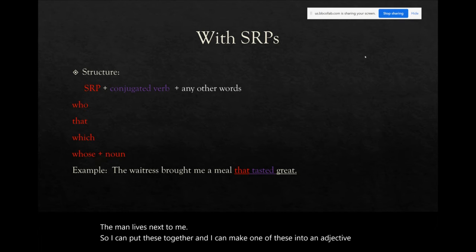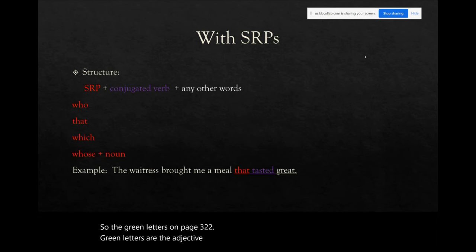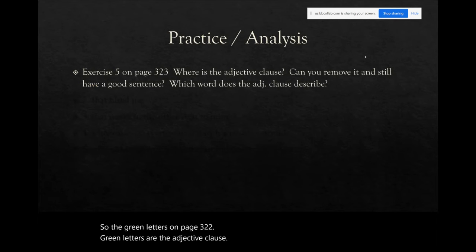And I can say, the man who lives next to me is friendly. So the green letters on page 322 are the adjective clause. Okay, so does everybody know how to recognize the adjective clause?